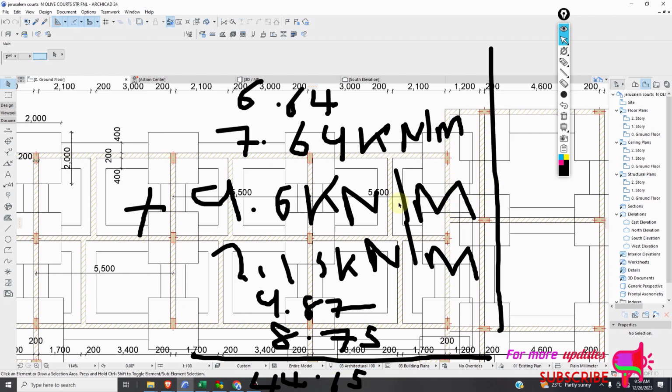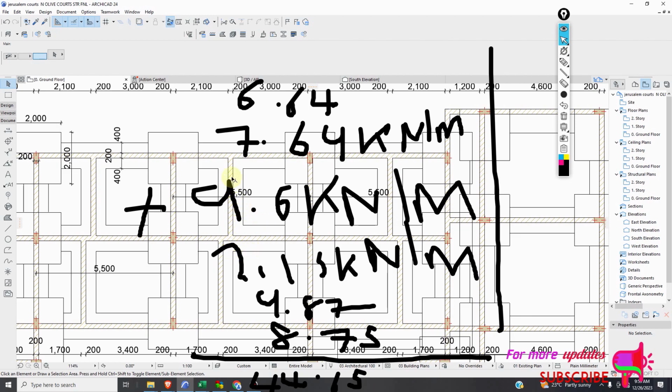They still have a distributed load of 11.75 because it is self-weight plus the partition load. So let's say we have that load, maybe let's reduce that because maybe there's an opening, right? So let's reduce to about maybe 9 plus 2, that is 11.